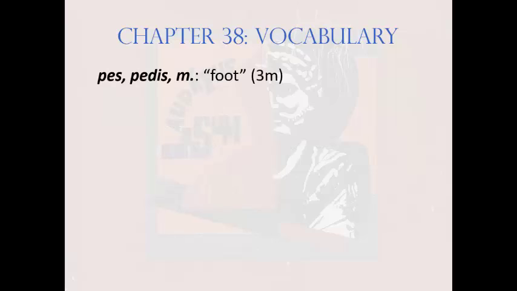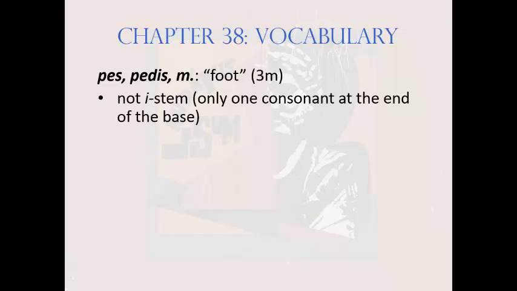And the last word on this vocabulary list, pes, pedis, masculine, meaning foot. It's a third declension masculine noun. And is it I stem? No, it's not. It is monosyllabic, but there's only one consonant at the end of the base. So that's 3 strikes for I stems in this vocabulary. Actually 4. I is out of the game.